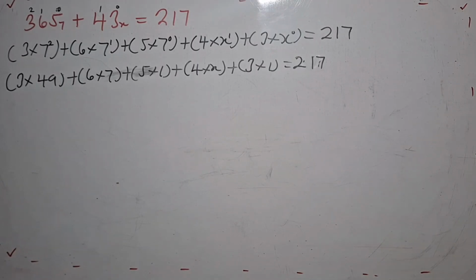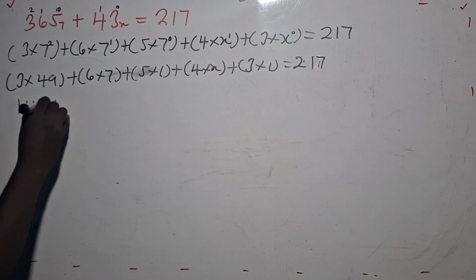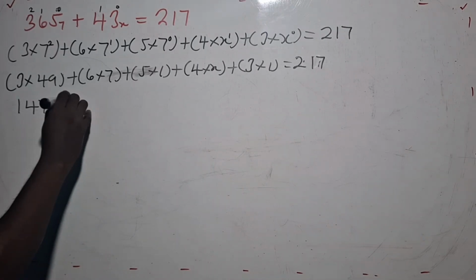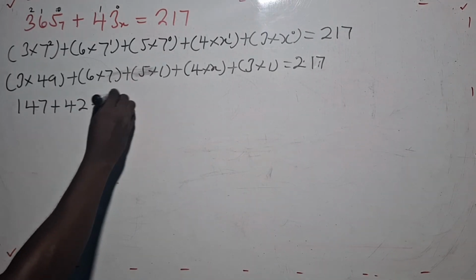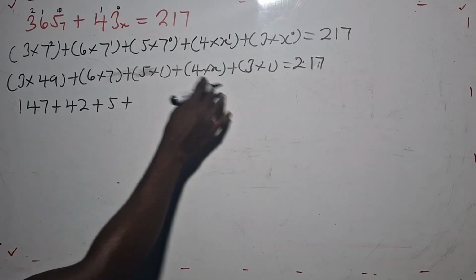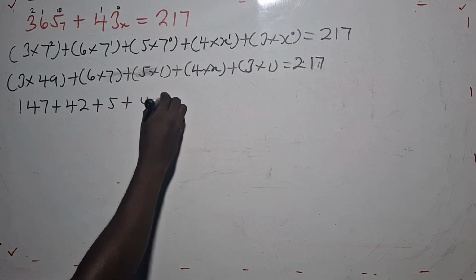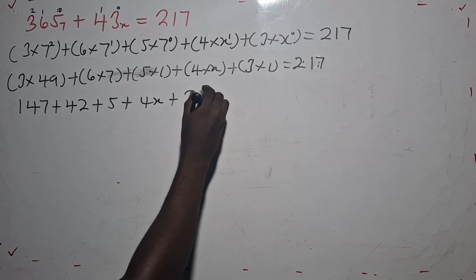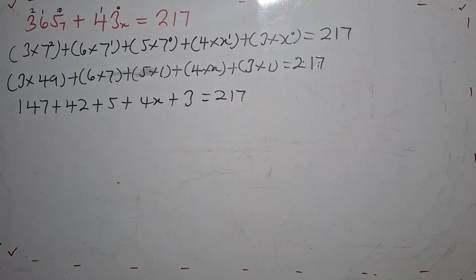Now let's multiply 3 by 49. 3 by 49 is going to give us 147, plus 6 times 7 will give us 42, plus 5 times 1 which is 5, plus 4 times x will give us 4x, plus 3 times 1 which will give us 3, which will give us 217.